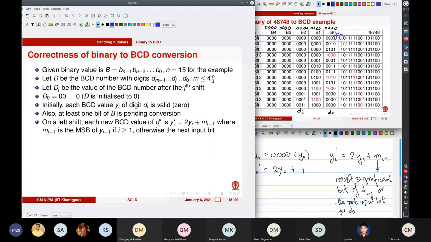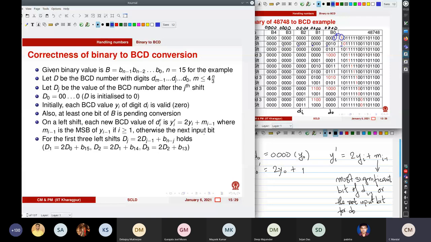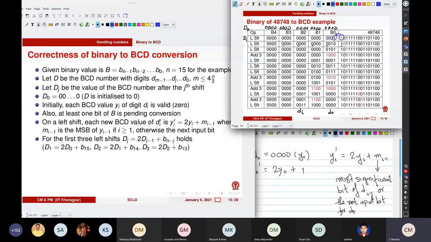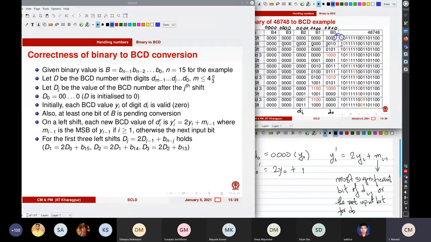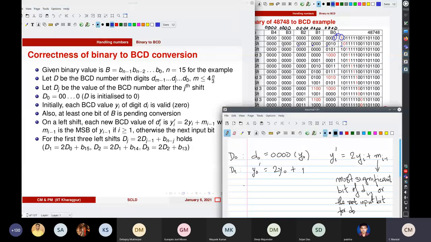Now you find that this relationship holds for D1. For D1 this is exactly what is happening. So this is D1, this is D2, this is D3. For D1, D2, D3 this is what goes on, because of the maximum value that you can have. So what is the maximum value of D1?